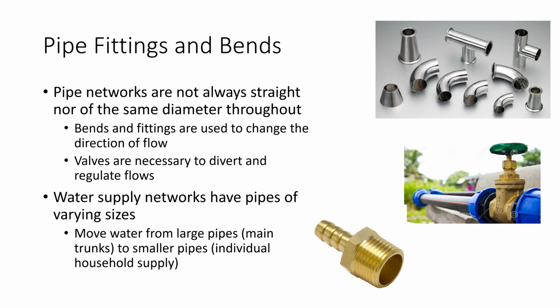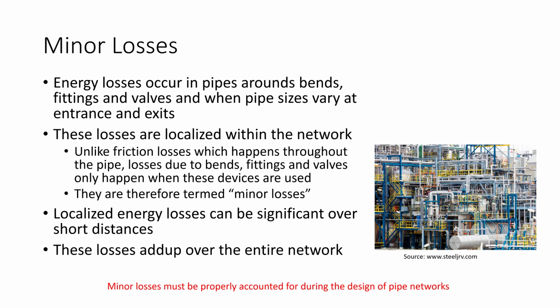So there are times when we have bends and fittings, and there are locations in pipes where we'll have a sudden expansion or a contraction in the pipe. There are always losses associated with bends, fittings, or pipes of varying sizes at entrances and exits.